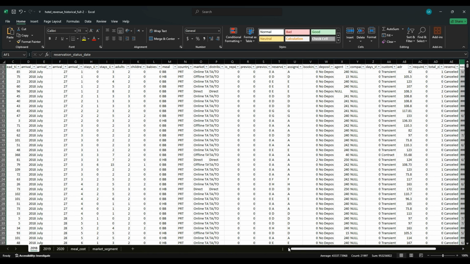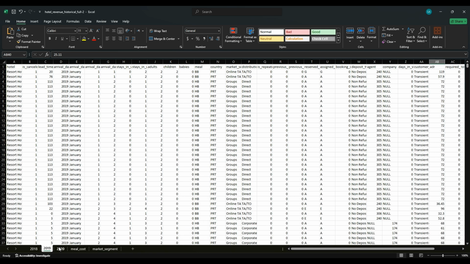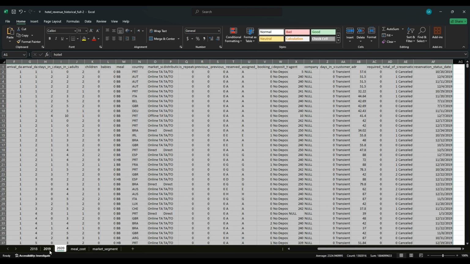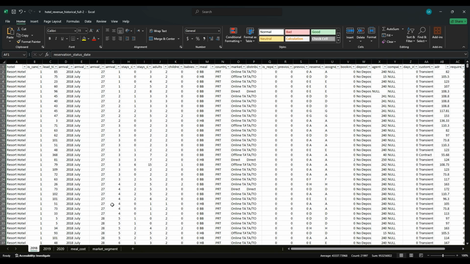We have three sheets for years and then meal cost and market segments that we will have to find a way to append to the main database that we'll be working on. So with that, now we have a general idea of how the data looks.